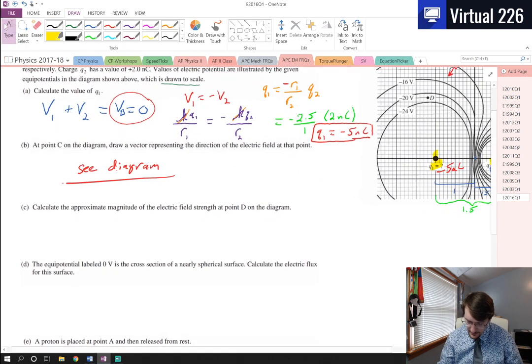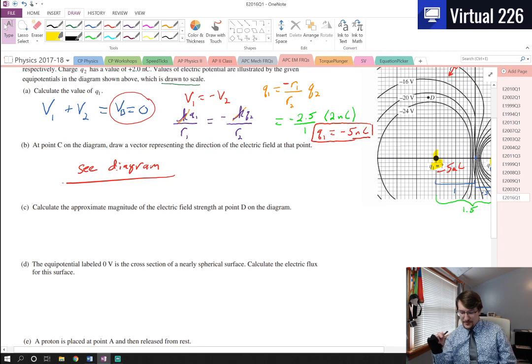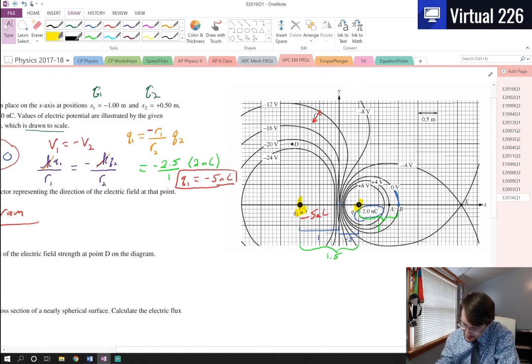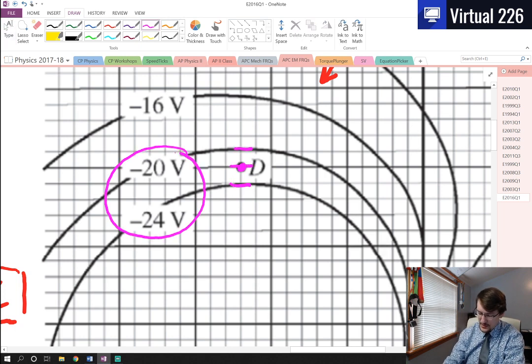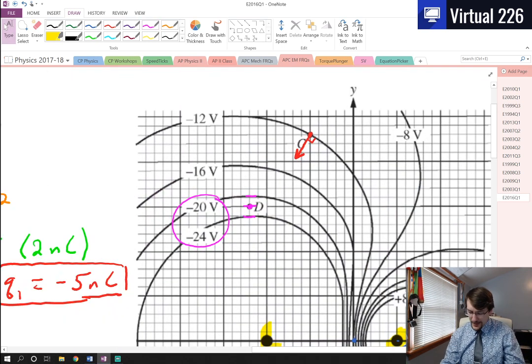Calculate the approximate magnitude of the electric field strength at point D on the diagram in part C. Okay, well, point D is right here. And if this is drawn to scale, we are halfway between 20 and 24 volts, or rather -20 and -24. So how can we do this?